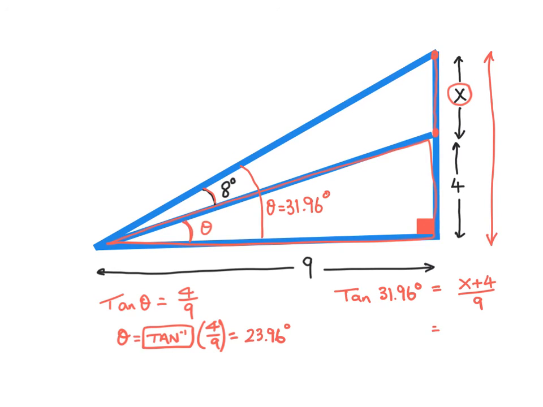I'm going to take the 9 up and multiply. So that 9 times tan 31.96 degrees equals x plus 4. Just work that out. And that is 5.66155.